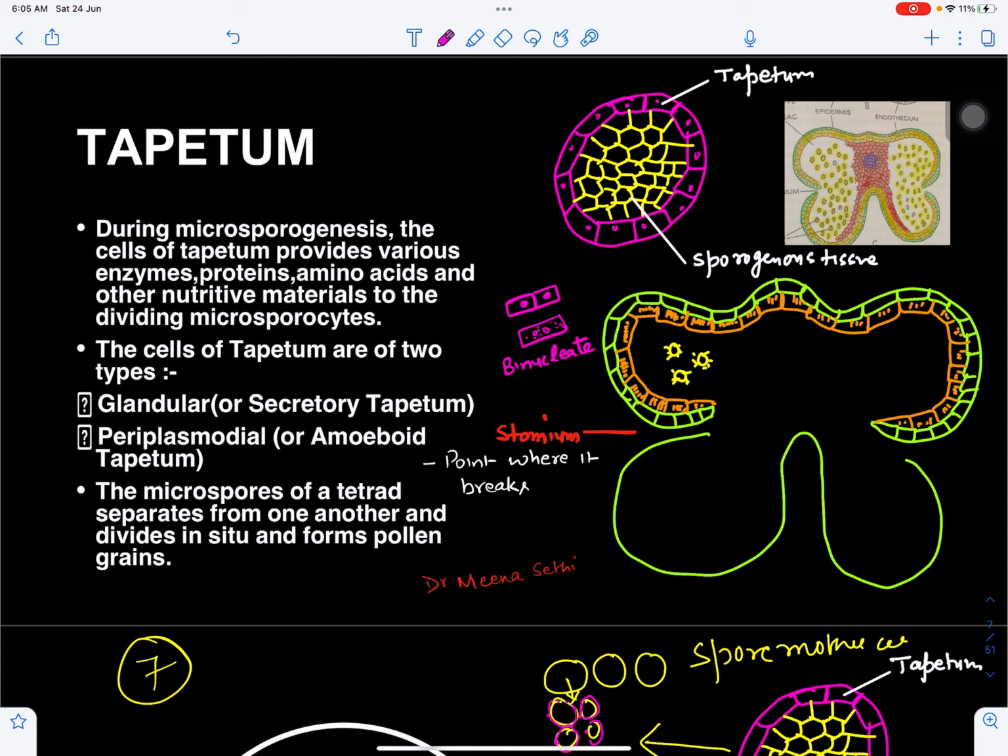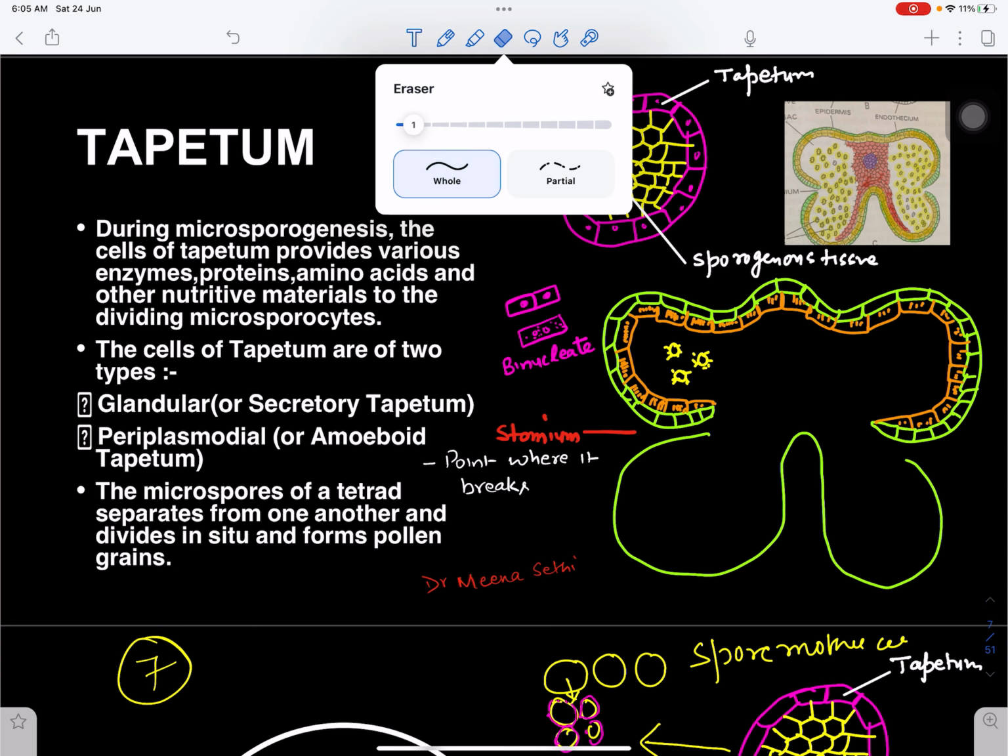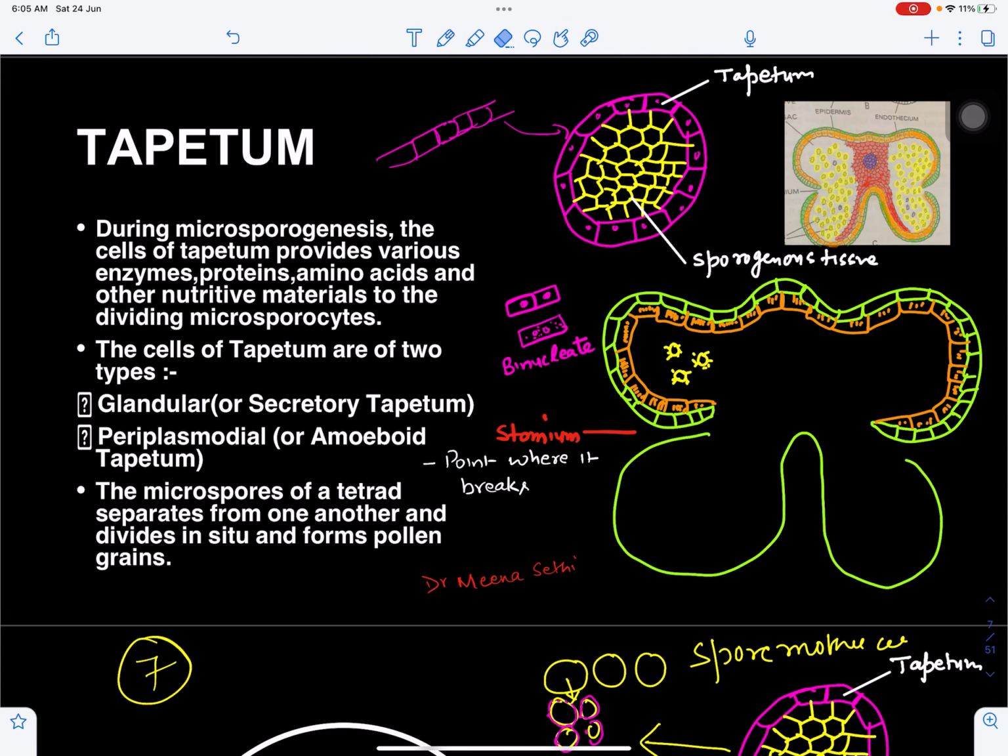If the tapetum is present here and remains in its position, and it degenerates at certain places, it can excrete the nutrients to the pollen grains.